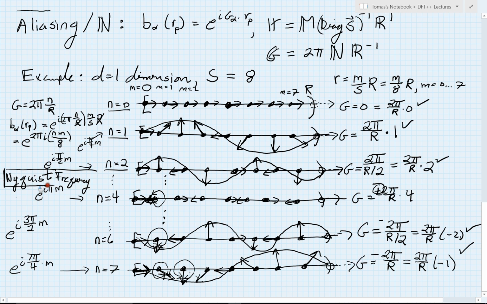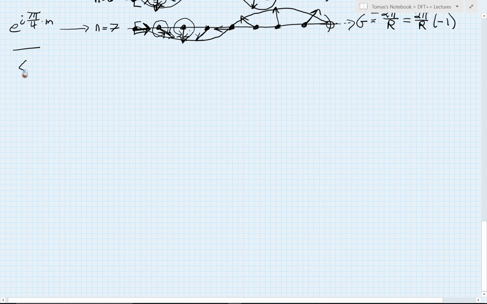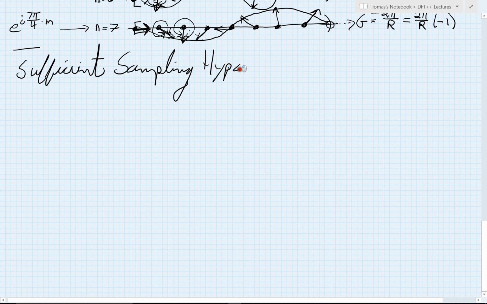Very good. So I think now we have a pretty good understanding of what's going on. I'd like to summarize this behavior in a principle, which I like to call the sufficient sampling hypothesis. And this finally explains how we choose that particular form for n. The point is, this is the construction of n. And the logic goes as follows.